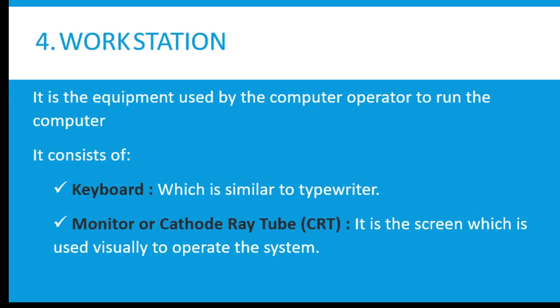Next, workstation. To perform the various functions, we require a workstation along with the CPU, memory, etc. It is the equipment used by the computer to operate, to run the computer. It consists of a keyboard, which is similar to a typewriter. Next is a monitor. It is a screen which is usually used to operate the system.